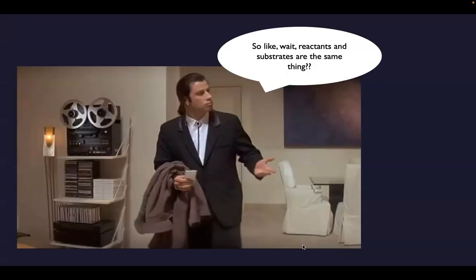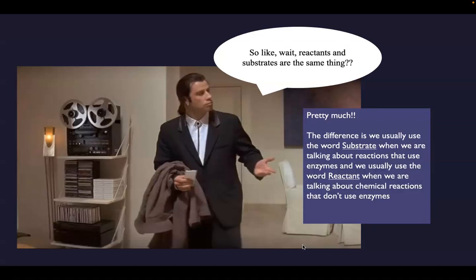So like, wait, reactants and substrates are the same thing? Pretty much. The difference is that we usually use the word substrate when we're talking about reactions that use enzymes, and we usually use the word reactant when we're talking about chemical reactions that don't use enzymes.